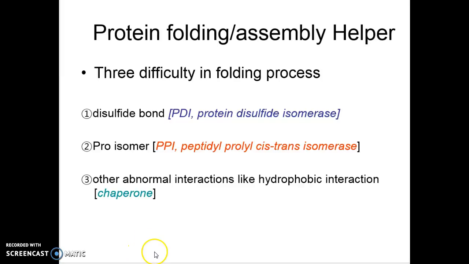There are three types in this category: PDI, protein disulfide isomerase; second, PPI, peptidyl prolyl cis trans isomerase; third, chaperone.